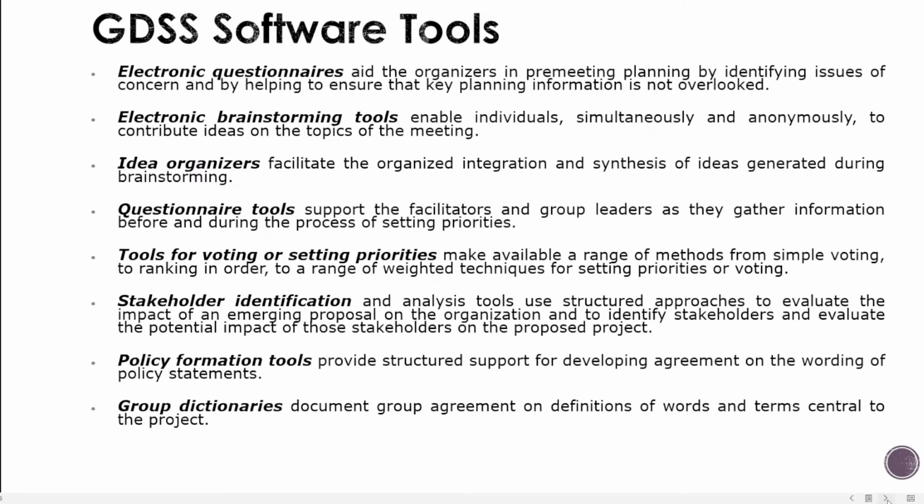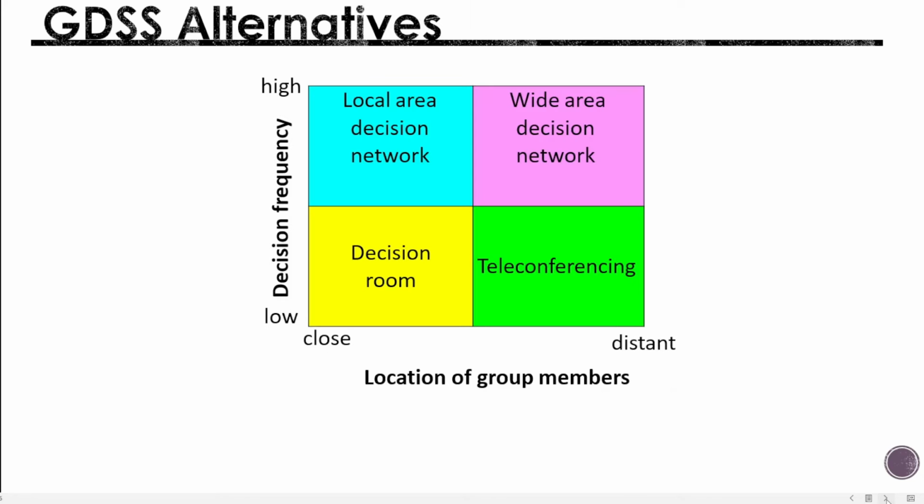So we have here now the examples of GDSS software tools. Meron tayong electronic questionnaires, electronic brainstorming, idea organizers, and the rest. Kindly read on the following softwares. Aside from the softwares, there are also alternatives na pwedeng gamitin ng organization, okay, to come up with organizational decision.